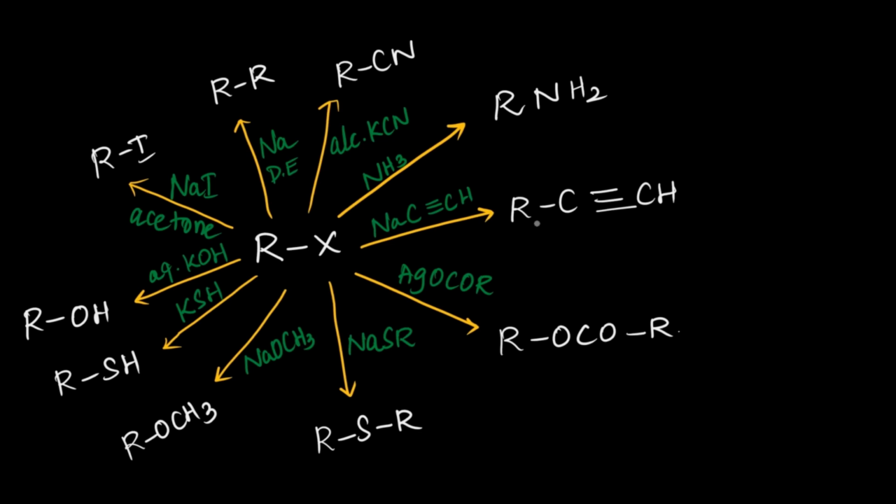Okay, so what is the reaction mechanism of halogens? These are the chemical properties of halogens. When halogen is treated with dry ether with sodium, it forms higher alkanes, which is a very important reaction called Wurtz reaction.